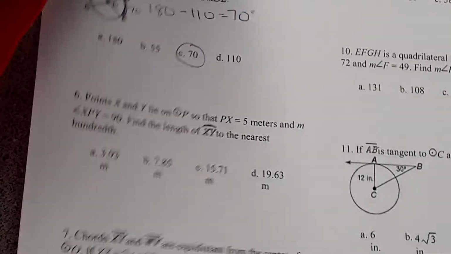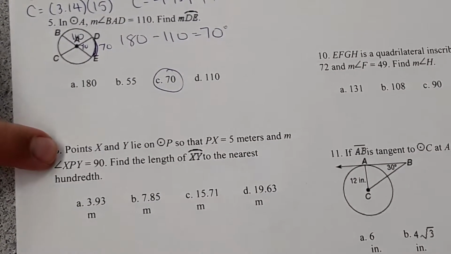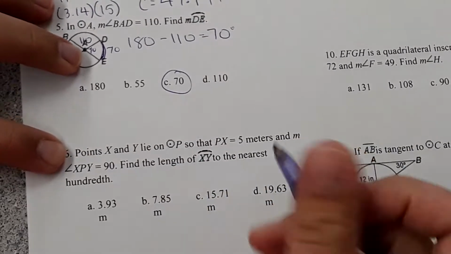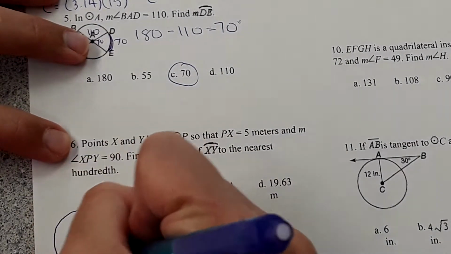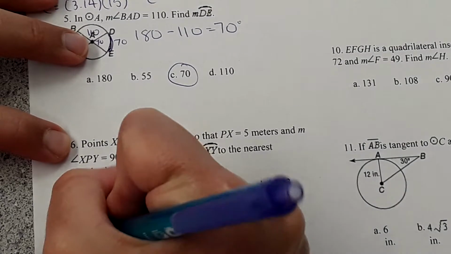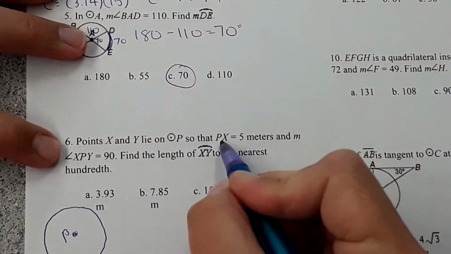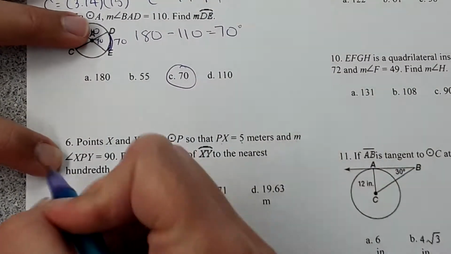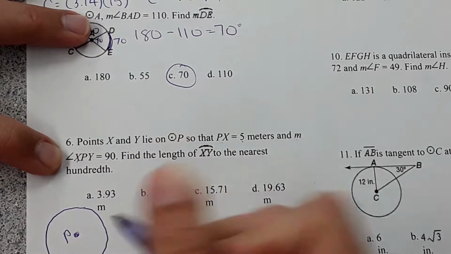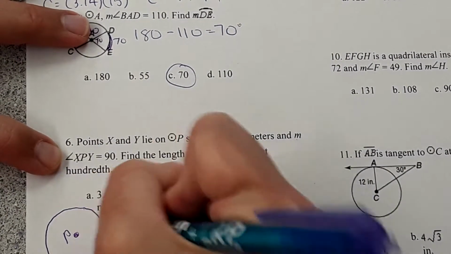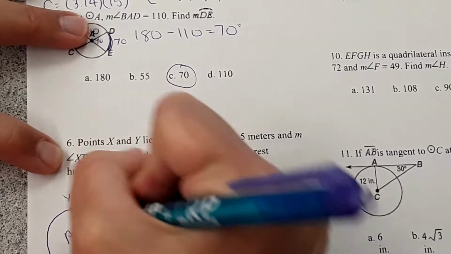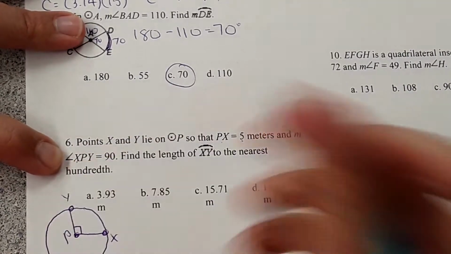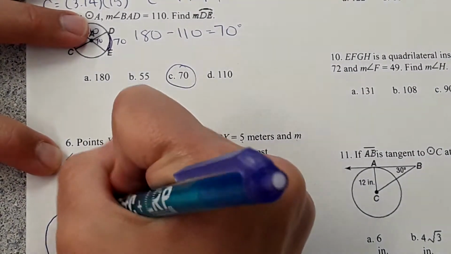Number 6 is a little bit trickier. It says points X and Y lie on circle P. They do not give you a picture, so you have to draw it out. Here's circle P. It says PX is 5 meters and measure of angle XPY is 90 degrees. So sketching this out, 90 degrees. Find the length of XY.